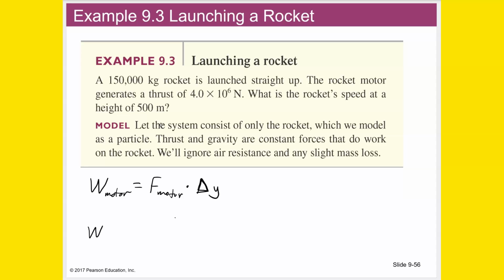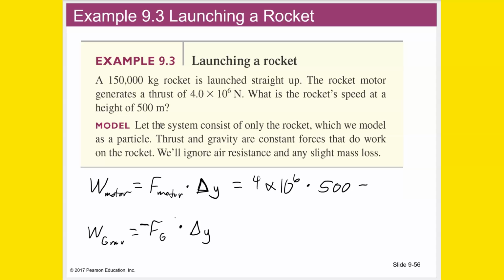There's also work. What other force is acting on that rocket in that direction? Gravity. That's the force of gravity, also times delta y. But this time, the force of gravity is pointing in the opposite direction. It's pointing down from delta y because the rocket is moving upward. So that's going to be a negative work. So the work by the motor is 4 times 10 to the 6th times delta y, which is 500.